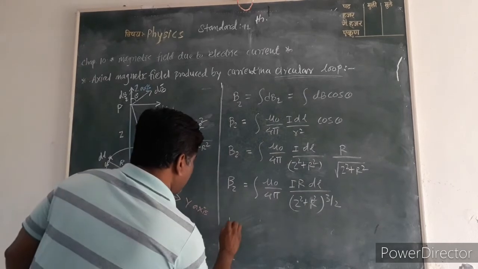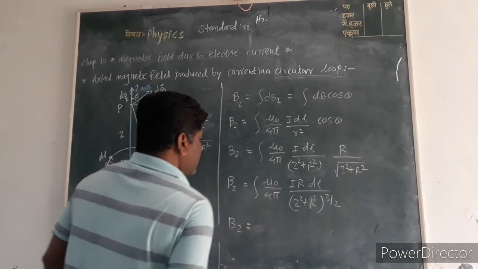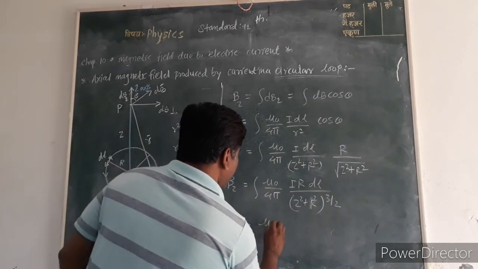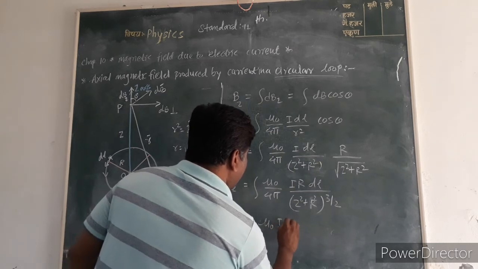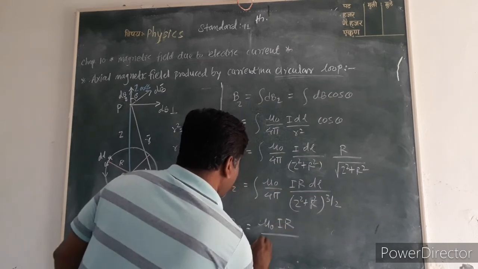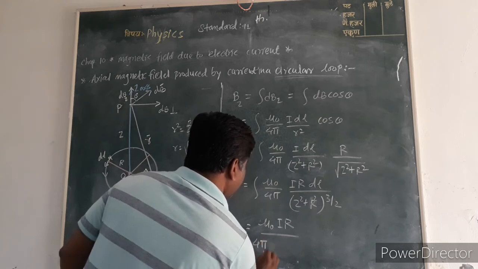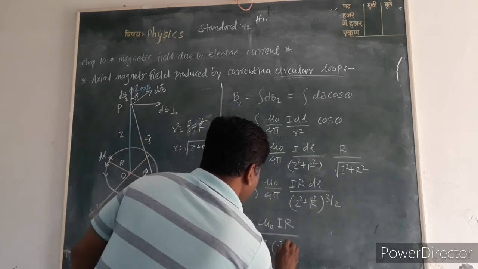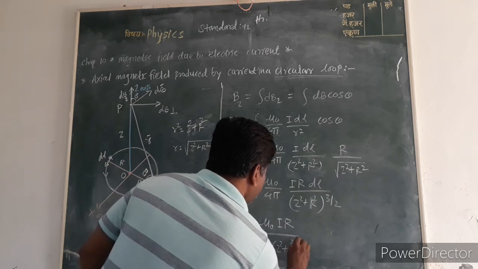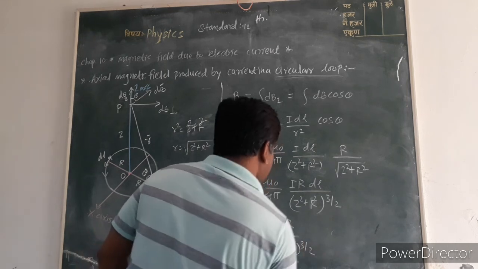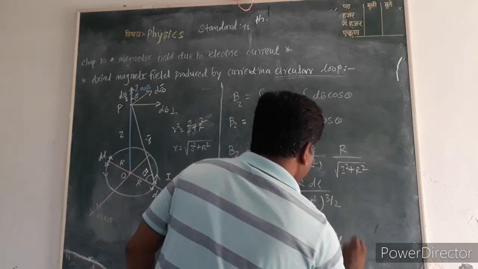Now Bz is equal to mu 0 I R divided by 4 pi, times z squared plus R squared raised to 3 by 2, which is constant, times integration dl.